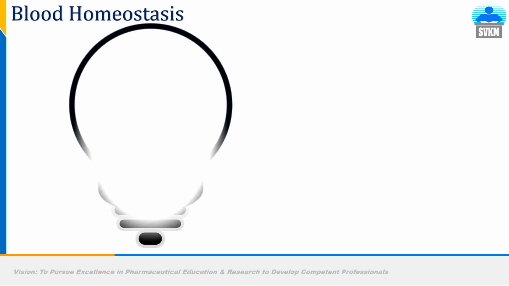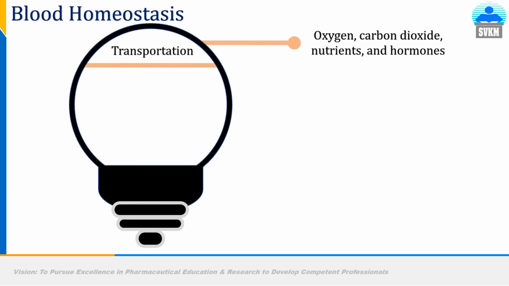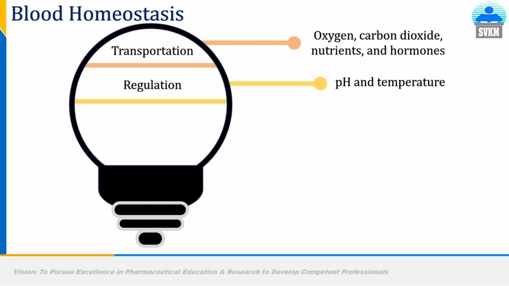Blood homeostasis. Blood plays a vital role in the transportation of oxygen, carbon dioxide, nutrients and hormones to and from the body. Second, it is involved in the regulation of the pH and temperature of the body.